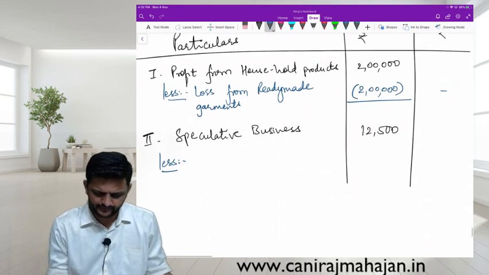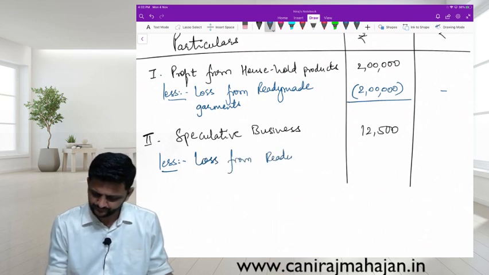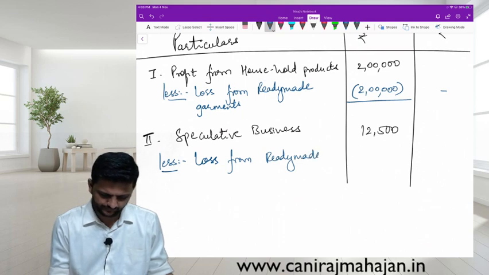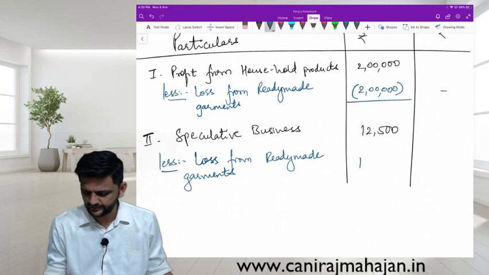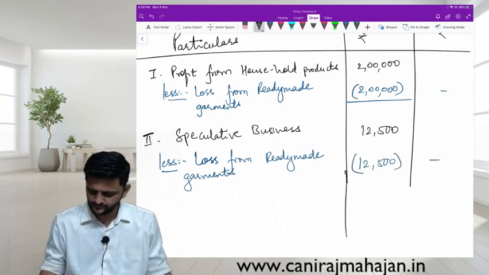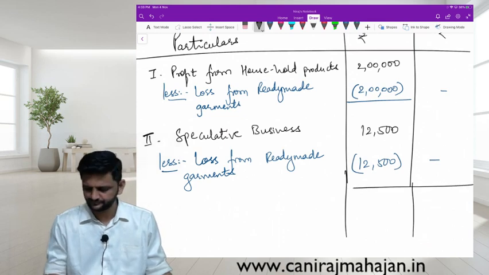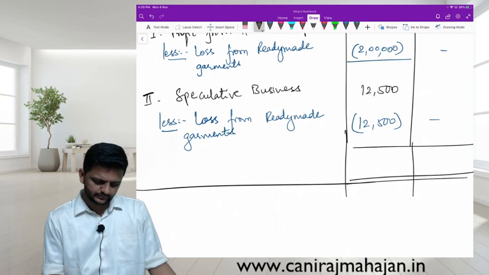So that we can add again if you want, loss from ready-made is 12,500. Again outer column nil. That is your gross total income.